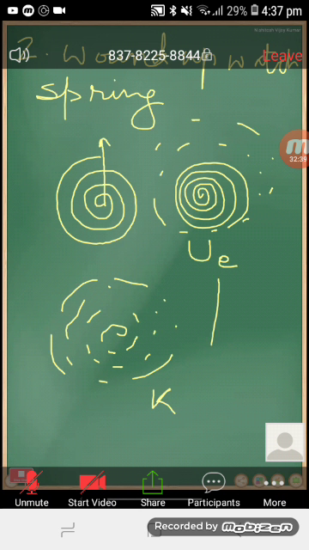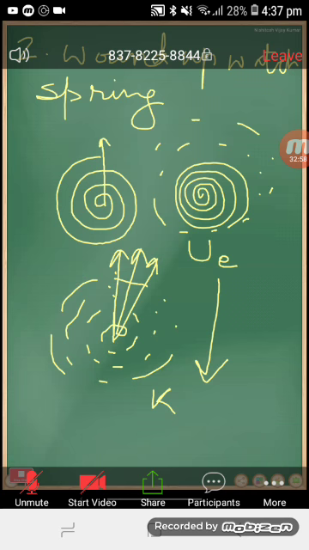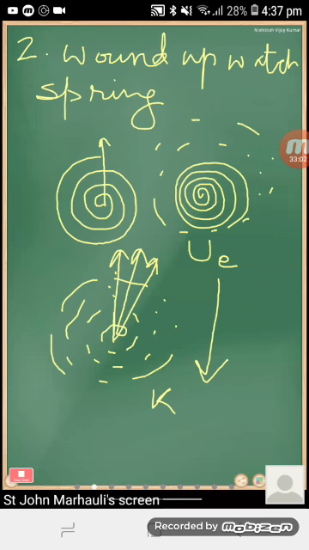So potential energy is getting converted into kinetic energy, and the needle attached to this spring will keep on moving. If it is your seconds needle, it will be moving continuously. If it is your minute needle, then after 60 minutes. If it is your hour needle, after 1 hour. So this is how, in the case of the spring of the watch, the potential energy is getting converted into kinetic energy.